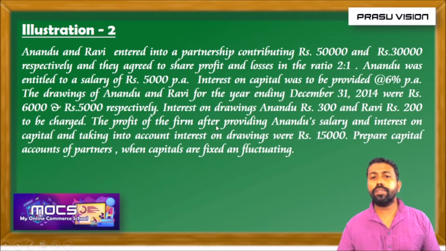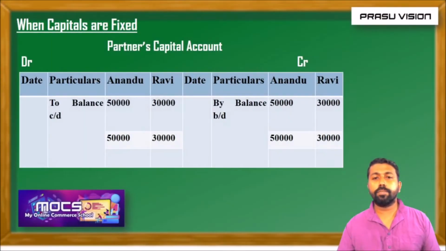The profit of the firm after providing Anandu's salary and interest on capital and taking into account interest on drawings were 15,000. Prepare partner's capital account when it is fixed and fluctuating.